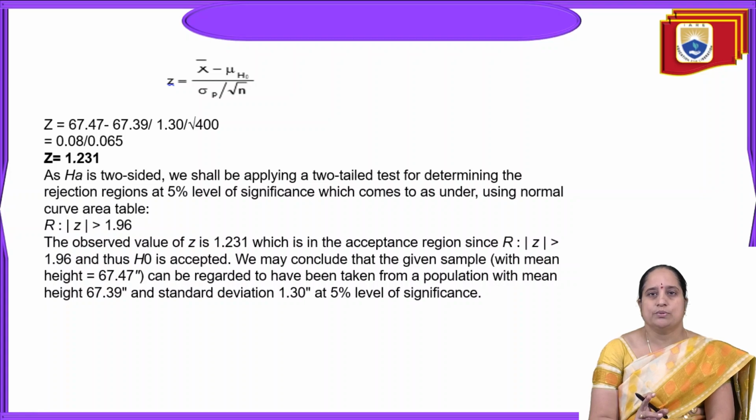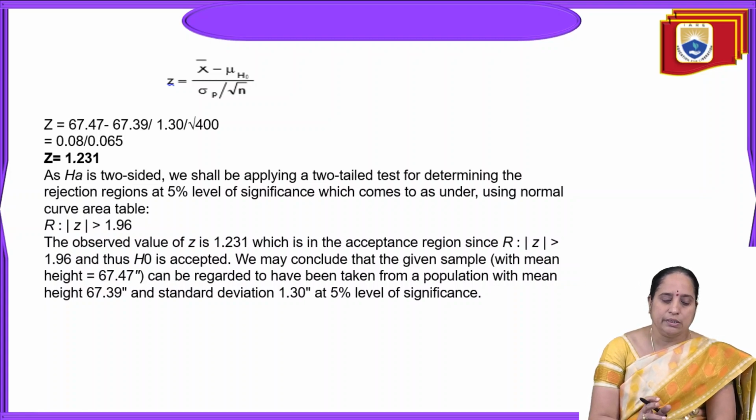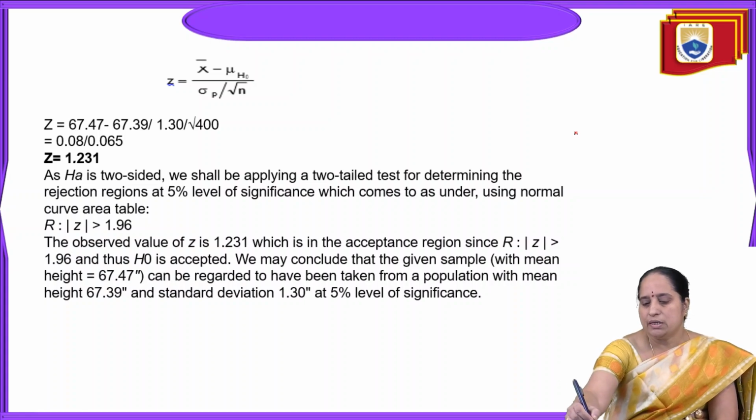As HA is two-sided, we shall apply a two-tail test for determining the rejection region at 5% level of significance, using the normal curve area table. So the critical value of Z at 5% level of significance is plus or minus 1.96.